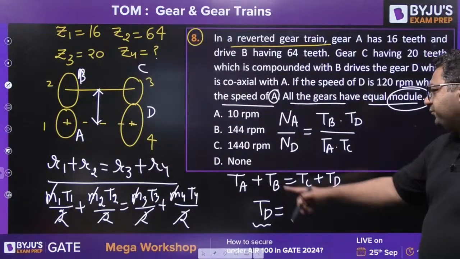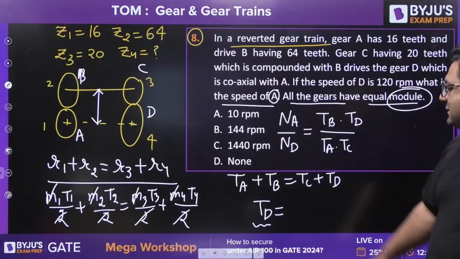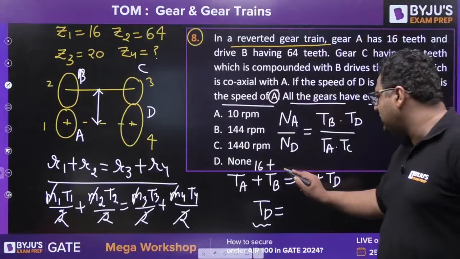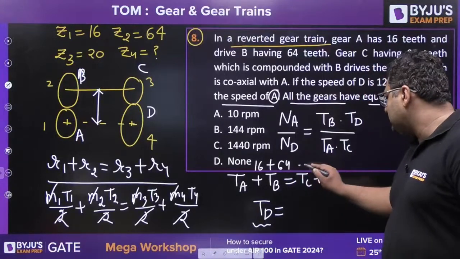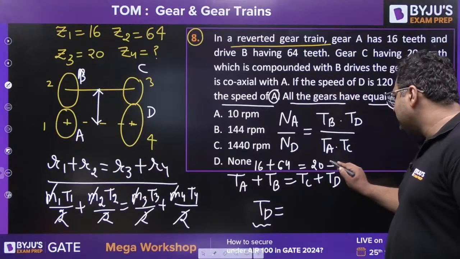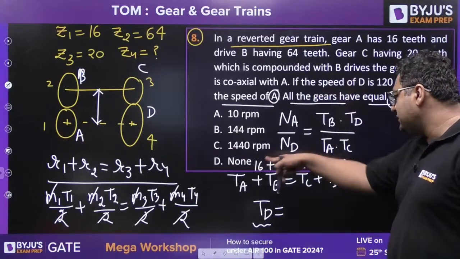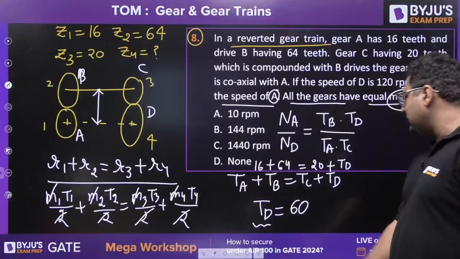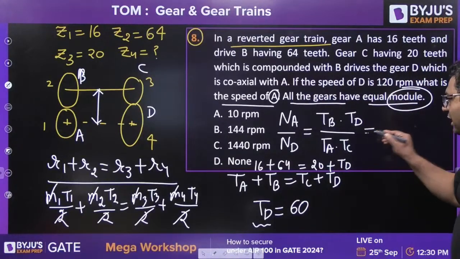TA is 16 plus TB is 64, equals 20 plus TD. So 16 plus 64 is 80, minus 20. Is it coming out to be 60? Very good. So what you will do now?